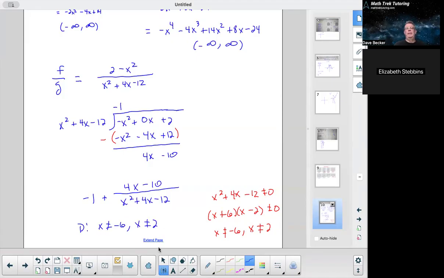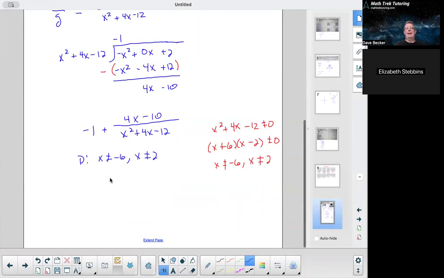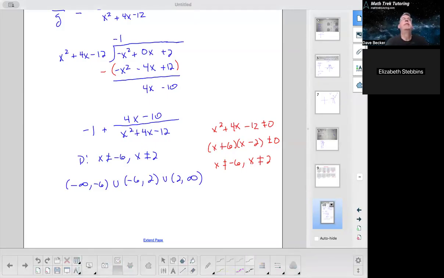Now, if he didn't like that, you would have to go left to right, like negative infinity to negative 6, and then union negative 6 to 2, union. There you go. How's that? Perfect.